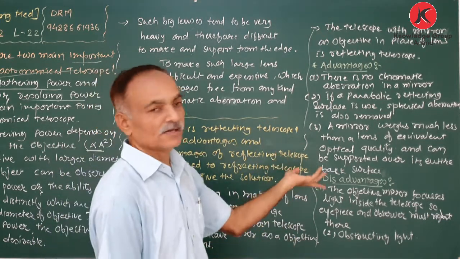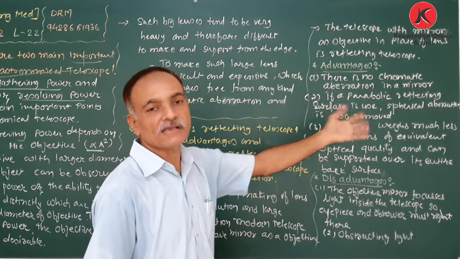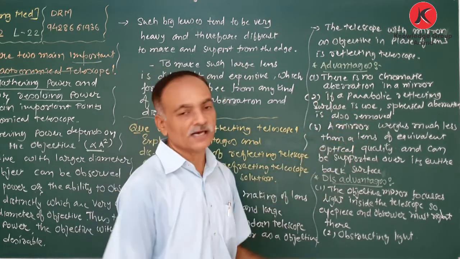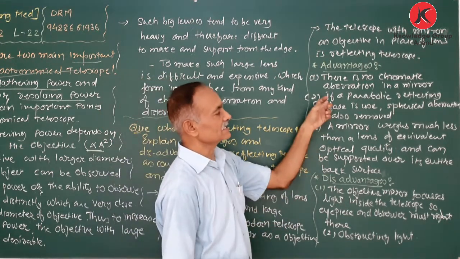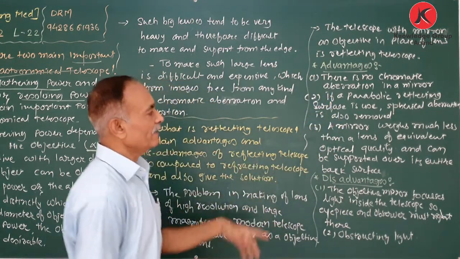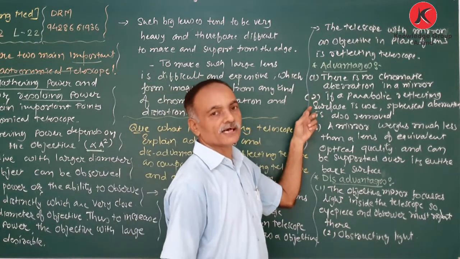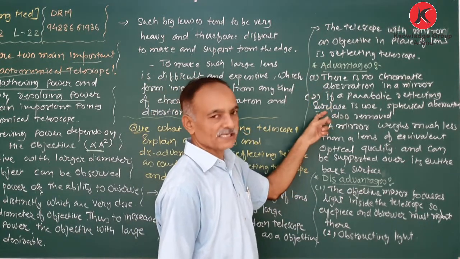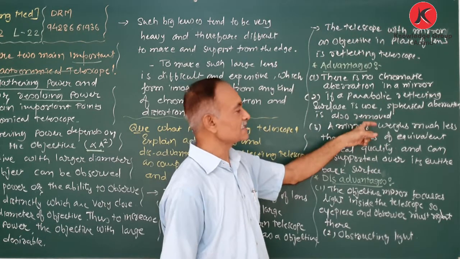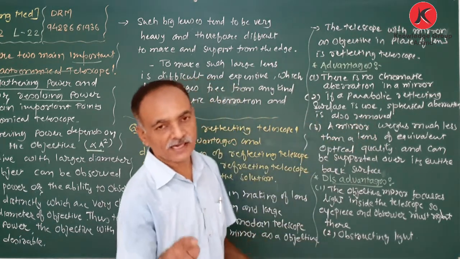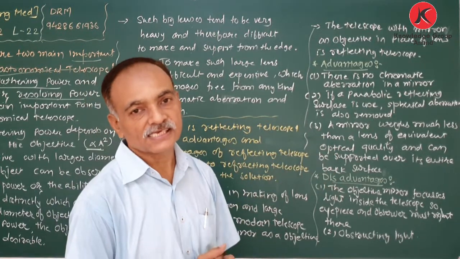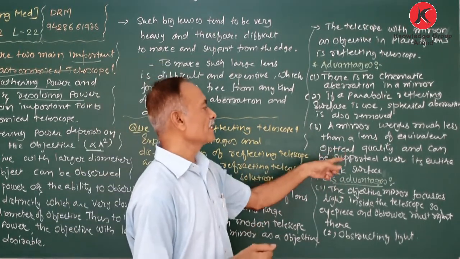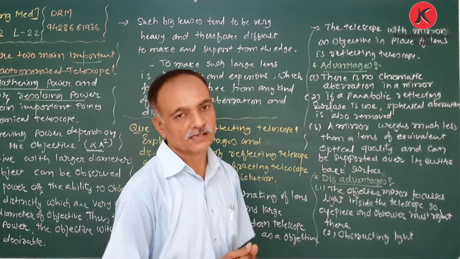But a mirror can also be mounted from the back side; support is given to the back side of the mirror. So there is the third advantage. One, the chromatic aberration is removed; two, the spherical aberration is also removed due to the parabolic reflecting surface; and the mirror is much less in weight compared to the lens. Therefore, the mounting or support problem is also removed.